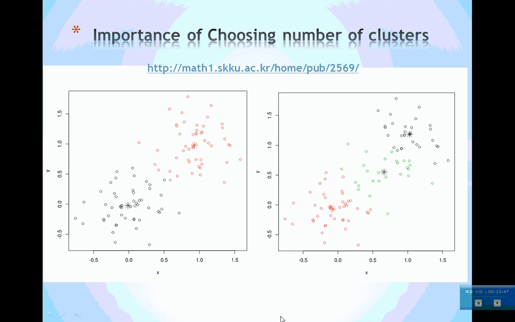Also, this example shows the importance of choosing the number of clusters. Which k value should be chosen is also a big problem.